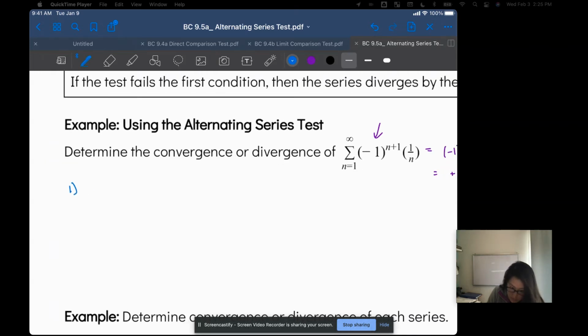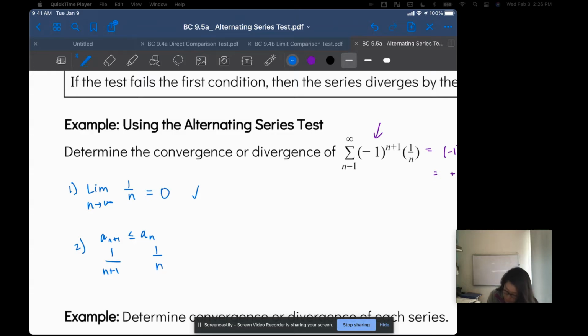Okay. And then what we're going to try is this. First, we need to see that the limit as n approaches infinity of a sub n, so that's 1 over n, does that go to 0? And when I plug in infinity, that sure does. Condition 1. Condition 2, a sub n plus 1 has to be less than or equal to a sub n. So a sub n is 1 over n, and 1 over n plus 1 would be a sub n plus 1.